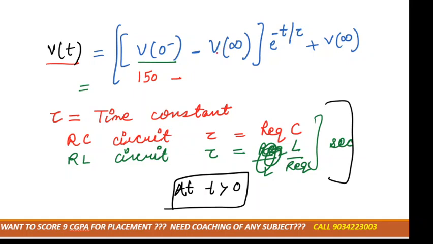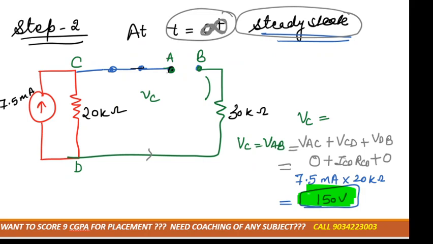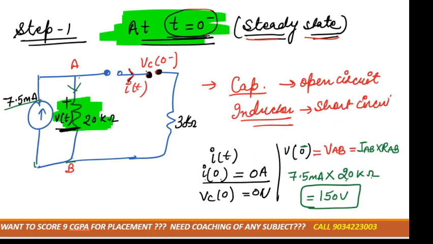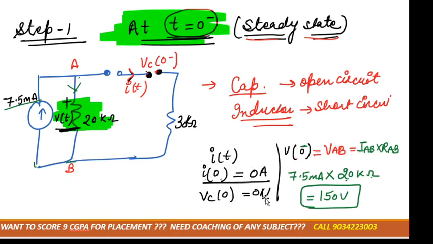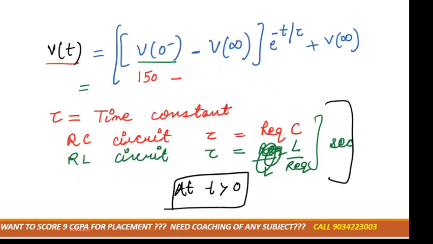Now we have to see the V of infinity. Vc of 0 is 0 volt, and this one is 150 e raised to the power minus t by tau.